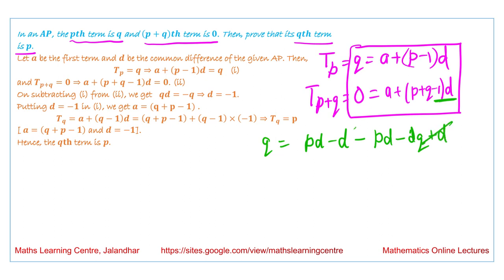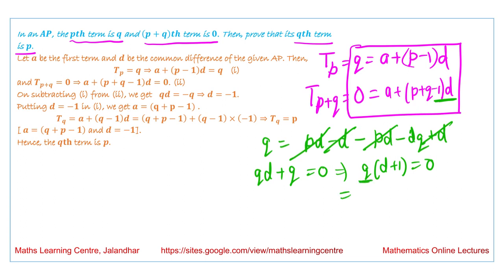So d and d get cancelled, pd and pd get cancelled. What we obtain is qd + q is equal to 0. So this implies q(d + 1) = 0. Now clearly q cannot be 0, so this implies that the value of d is equal to −1.